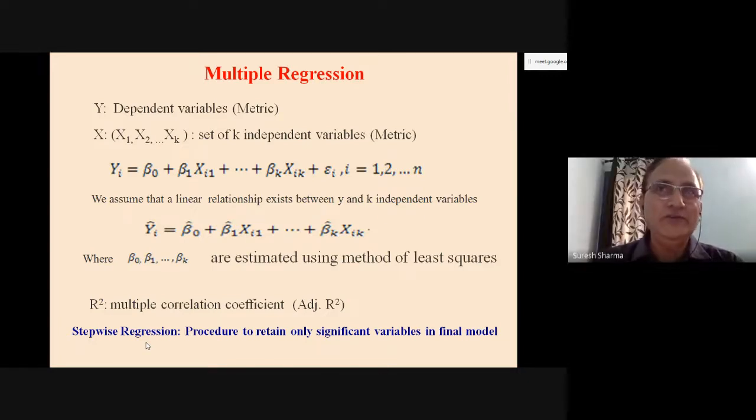If you include this variable into the model, it doesn't make any sense at all. And if it doesn't make any sense, why include it? So while choosing x1, x2, up to xk, you have to be very clear whether y can be predicted based on this or not. That's a judgment a researcher has to put in. You follow my point?